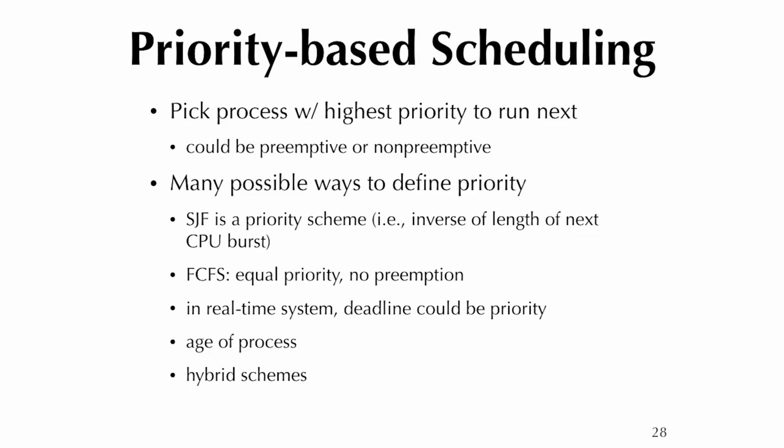Priority-based means for each process, you define some kind of priority value, which you can then put into a priority queue. Remember priority queue from your prerequisite quiz? Use a heap, right? Remember the heap data structure? It's an array, but you structure it like a binary tree, so it takes log time to extract and fix it up.